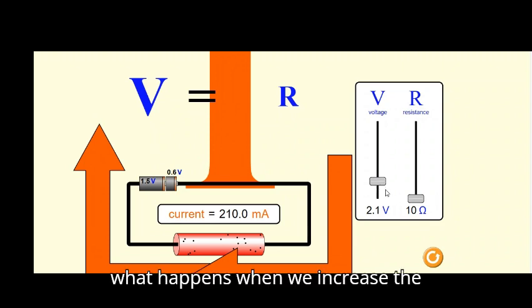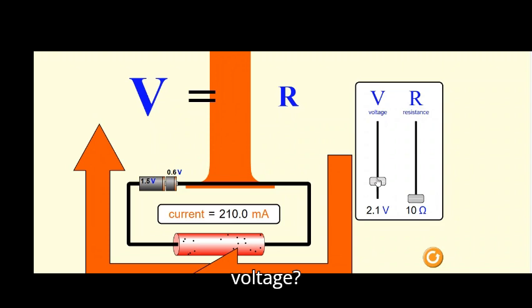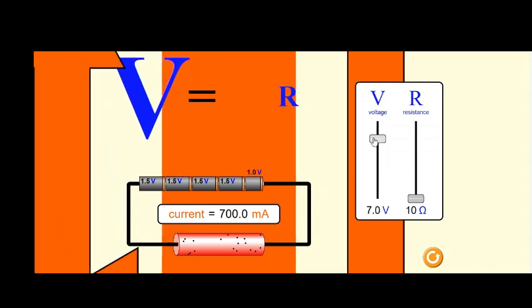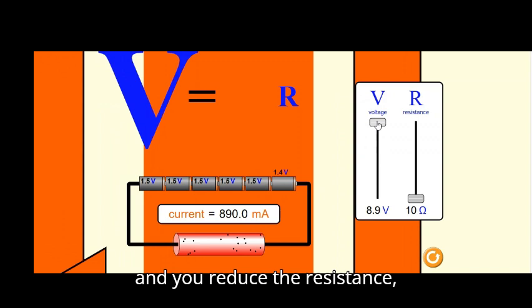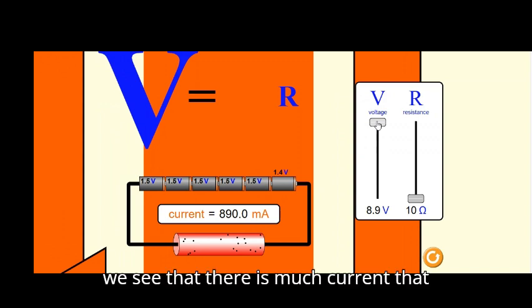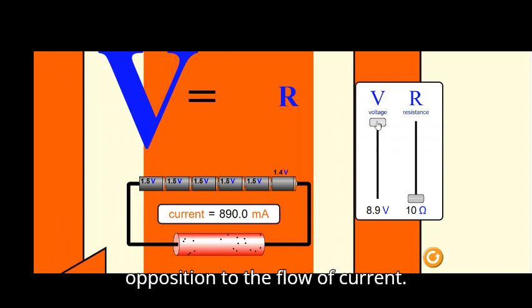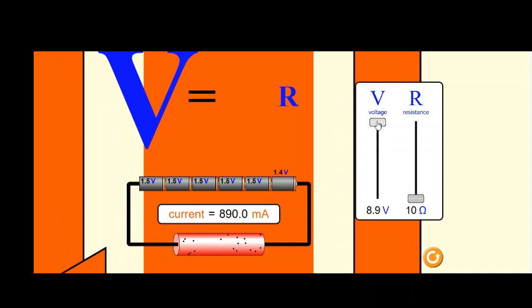Then what happens when we increase the voltage? When you increase the voltage and you reduce the resistance, we see that there is much current flowing. And what is resistance? Resistance is the opposition to the flow of current.